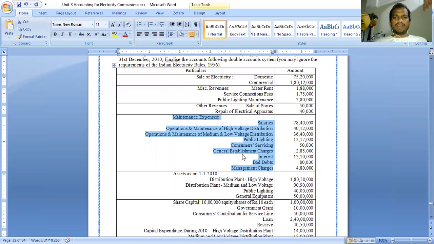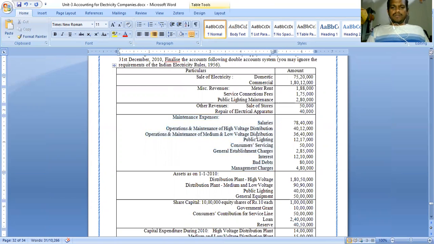Okay, salaries, operations and maintenance, high voltage distribution, low voltage distribution, public lighting, consumer servicing, general establishment charges and interest amount, bad debts, management charges. So all of these are related to the revenue expenses.